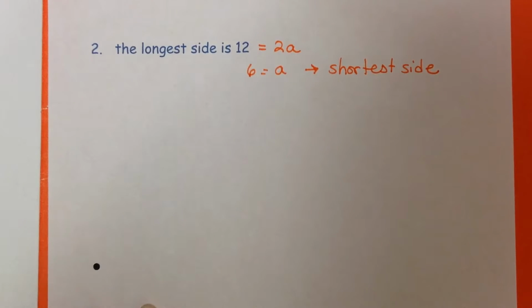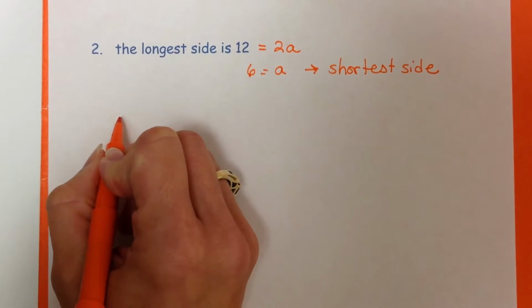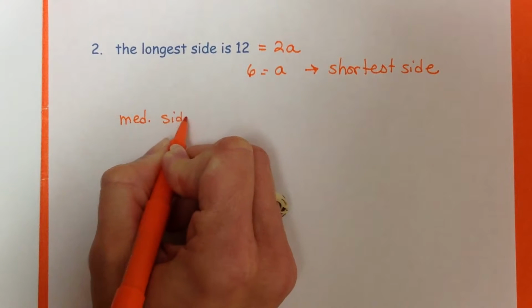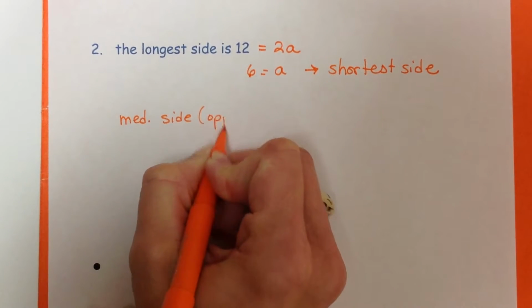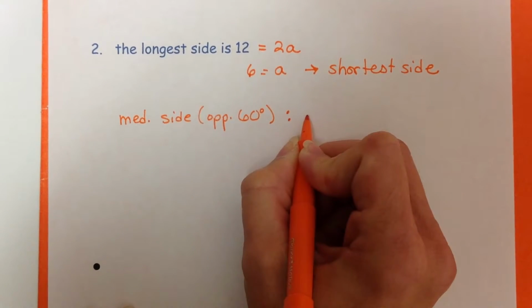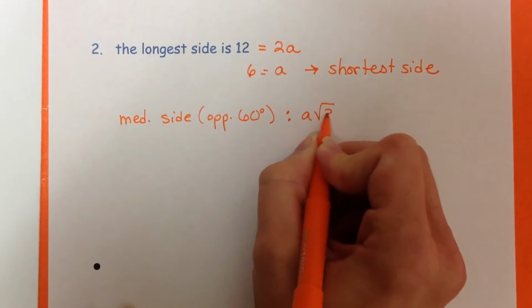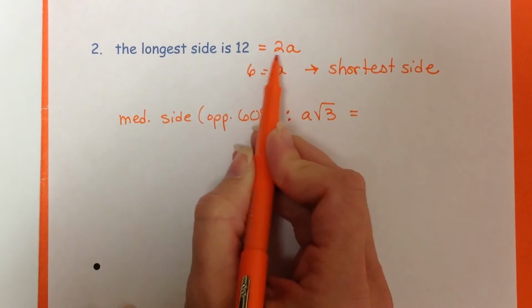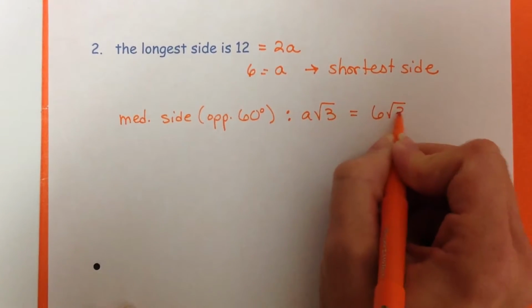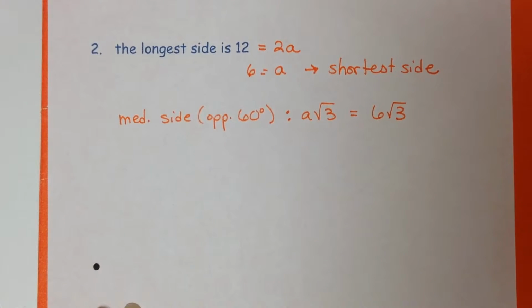So now all I'm left to do is find the medium side, or again the one that's opposite the 60-degree angle. So my expression again there is A square root 3. And from here we discovered that A would have to be 6. So my answer is 6 square root 3.